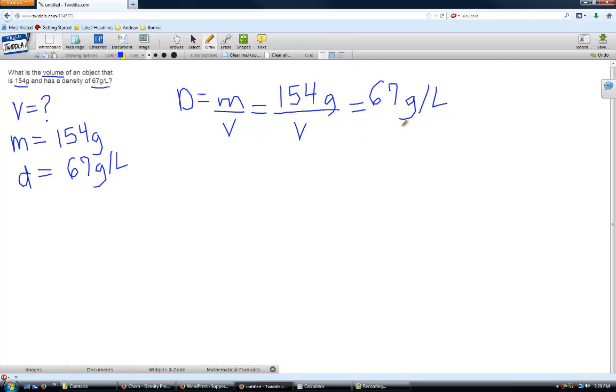Now that I filled in all the numbers, what I'm going to focus on is rearranging the equation to get V both on the top in the numerator and alone on one side of the equal sign.